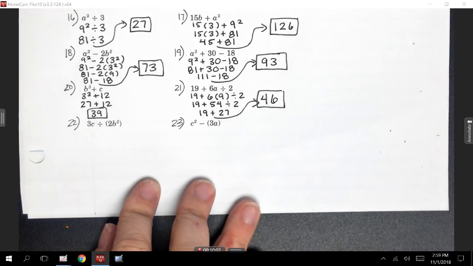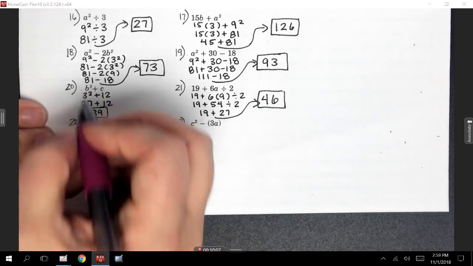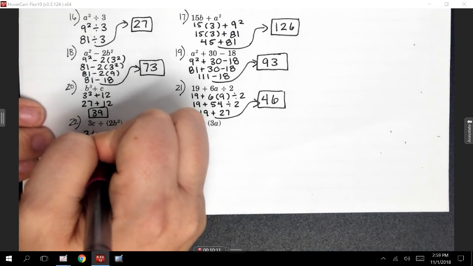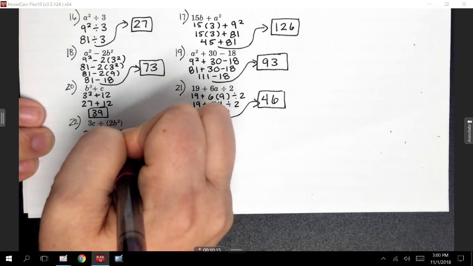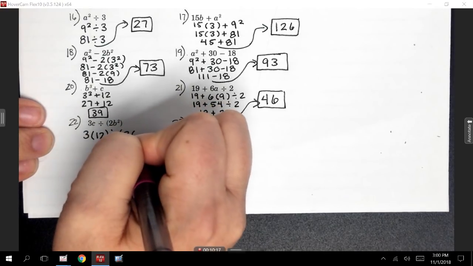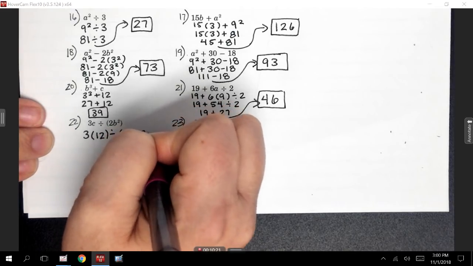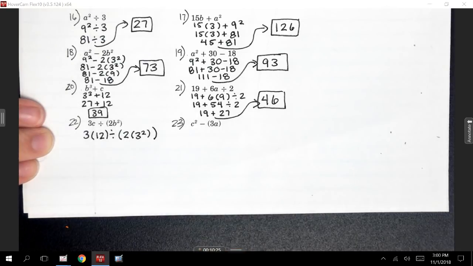All right, these last two, number 22 especially, I've had lots of questions about today. So we have 3 times C, which is 12, divided by 2 times B, which is 3, and that's raised to the second power. You'll notice this is all in parentheses here.